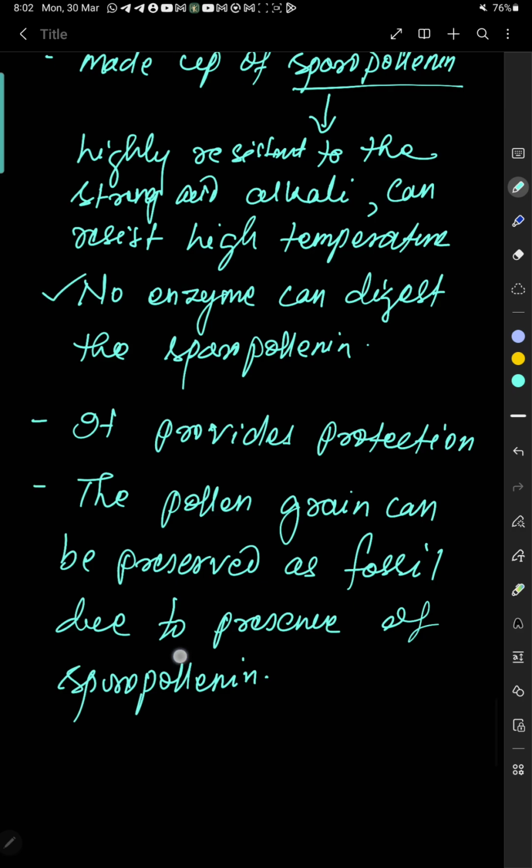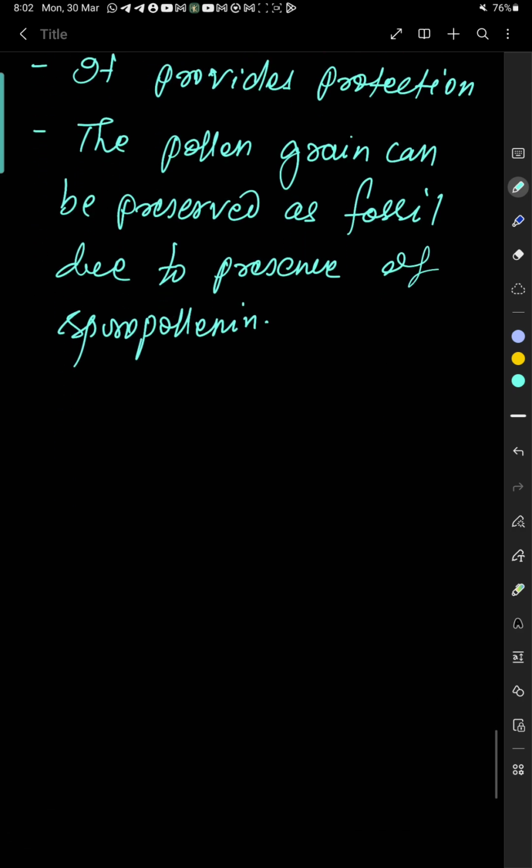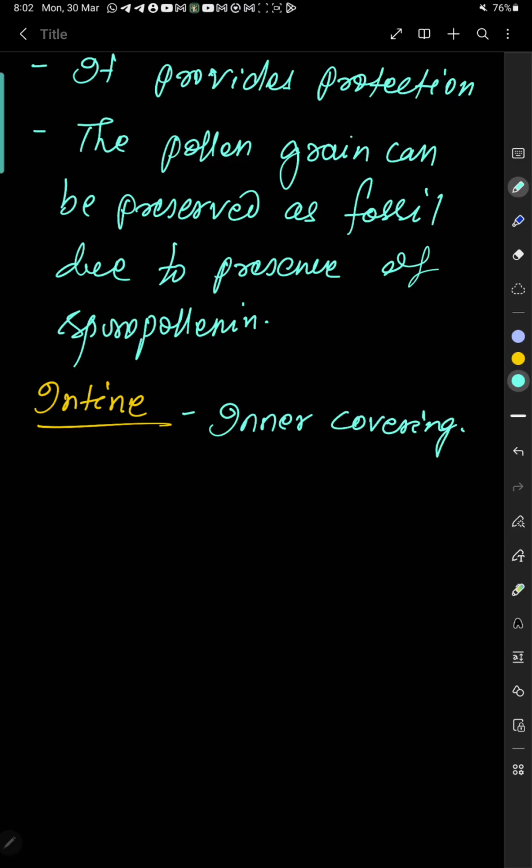Now come to the intine. So intine is the inner layer. It is the inner covering, rather I can say.